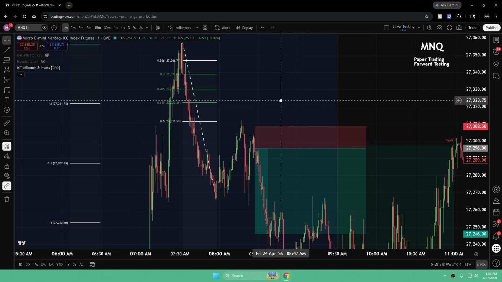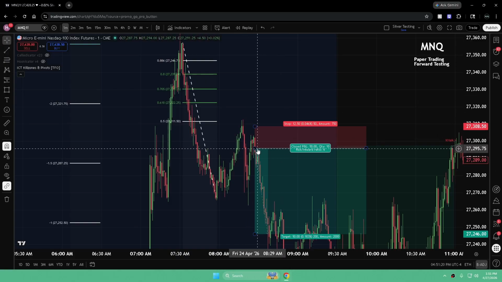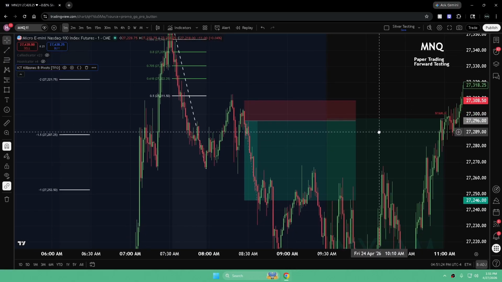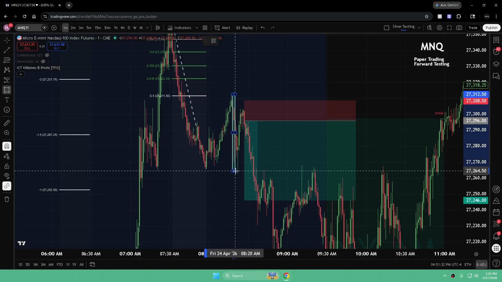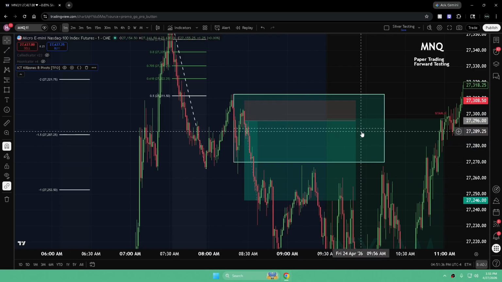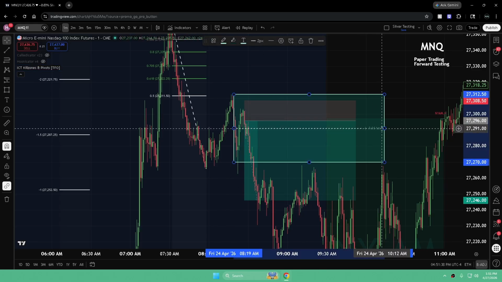But besides that, like I said, you could get in at 618 and you would be good. If you wanted to, you could have waited for more confirmation. We have also this huge order block right here that you could have got in at the middle of that. Put your stops at the high.